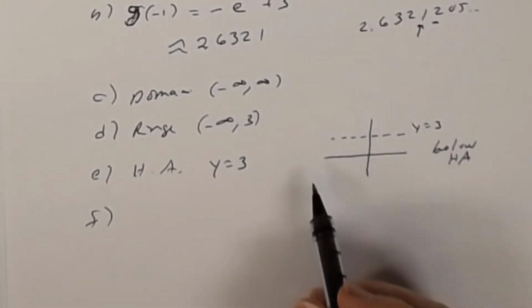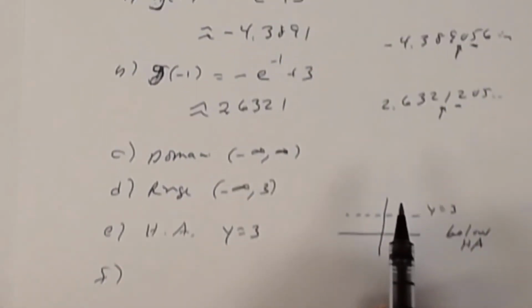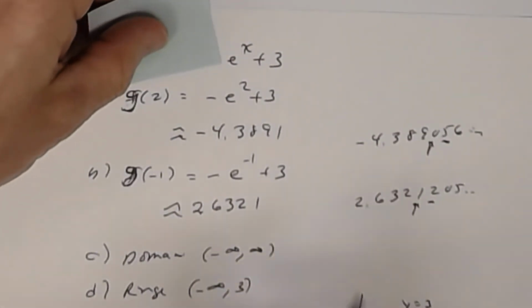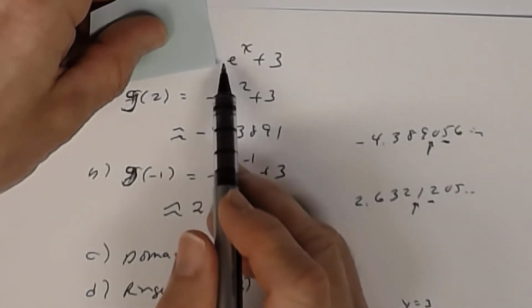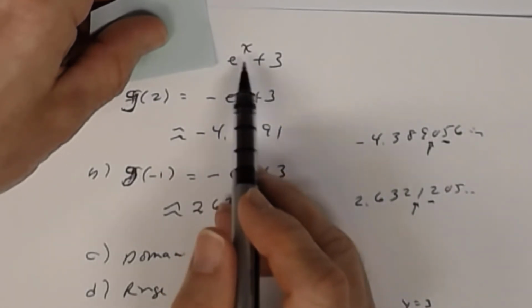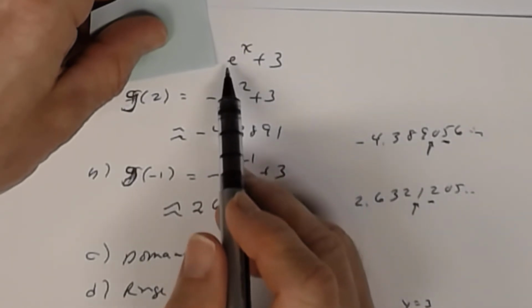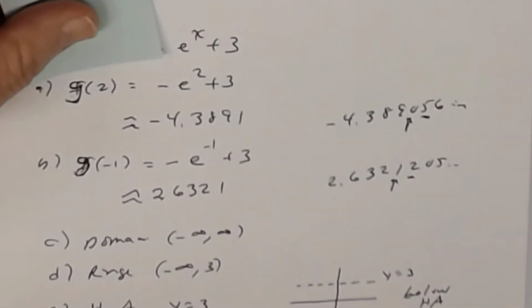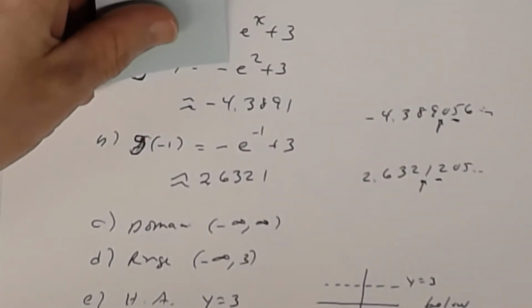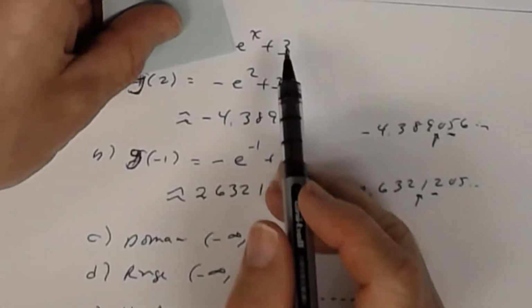Remember, if there was no reflection, then this graph would be above the horizontal asymptote. Since the base is greater than 1, it will be an increasing function. There's a reflection though, so let's talk about that again.